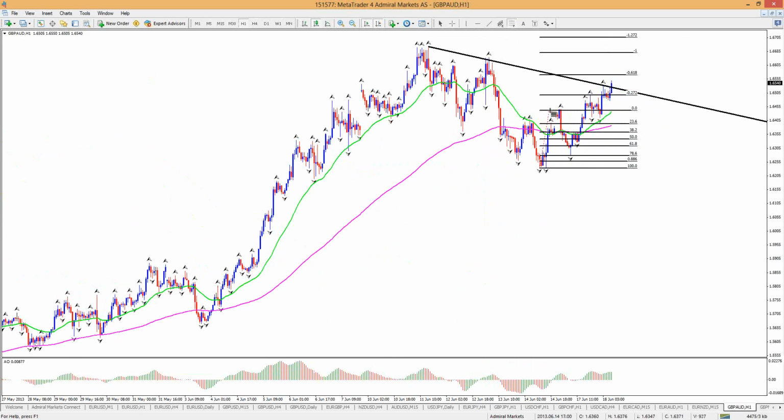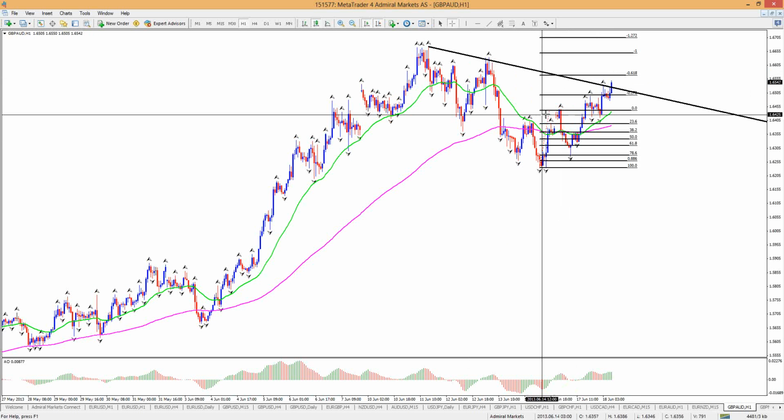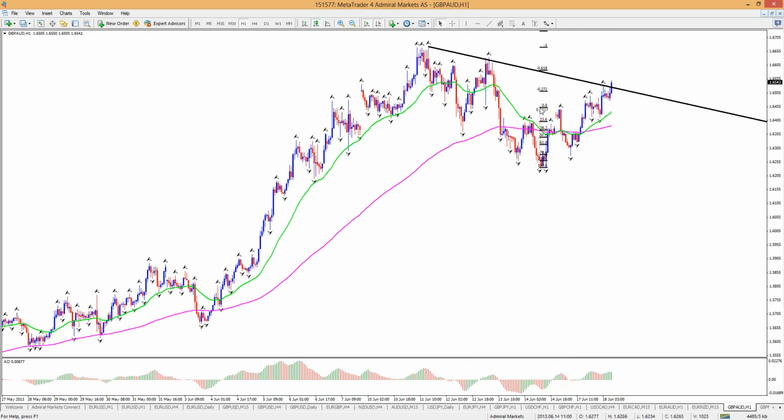Let me fib this upside. Stopped at the 272 target and made a retrace there. So the next one will be the 618 target.